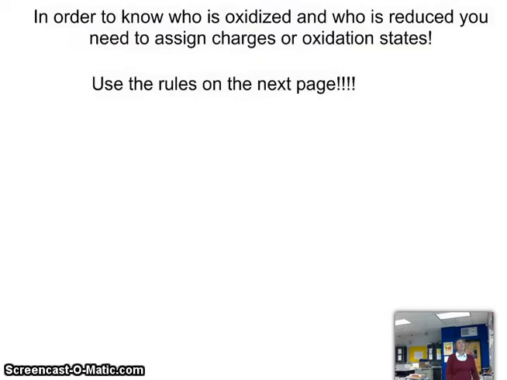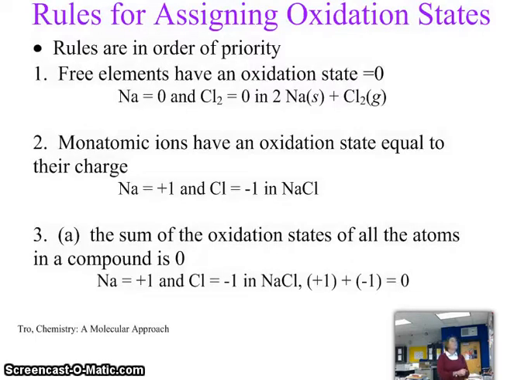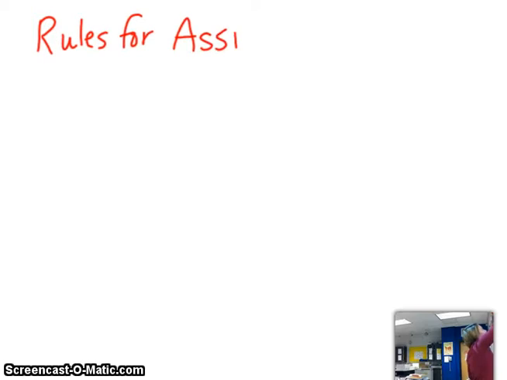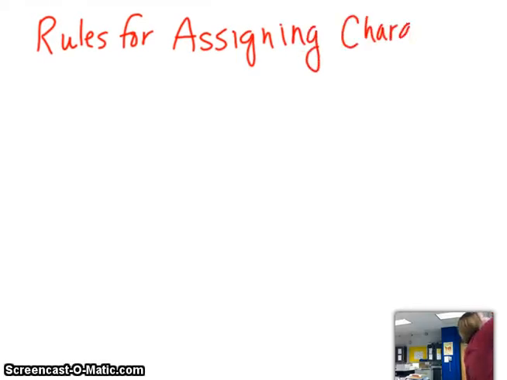In order to tell who is being oxidized or reduced, you need to know the rules to assign oxidation states. Okay? Here are the rules. You probably want to write them down. And you know what? I'll rewrite the rules. And you can write these on a separate sheet of paper or in your notes if you have room. So these are the rules for assigning oxidation numbers. Charges is the word you can use when you don't have enough room to write oxidation numbers.